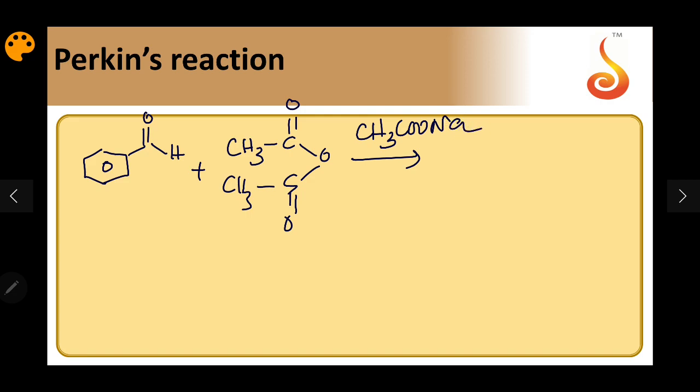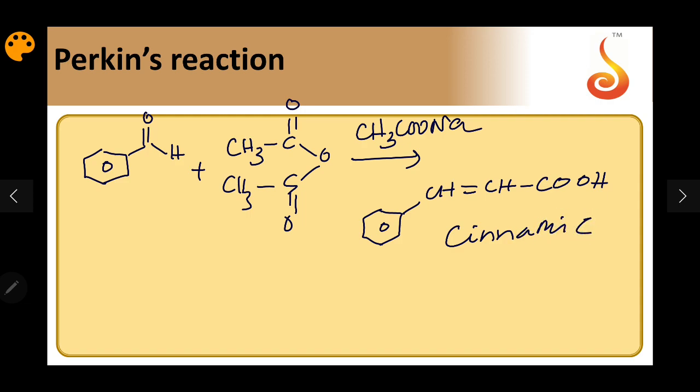Basically it is also nucleophilic addition followed by hydrolysis. It forms an alpha, beta unsaturated carboxylic acid. This is forming cinnamic acid along with acetic acid as the byproduct.